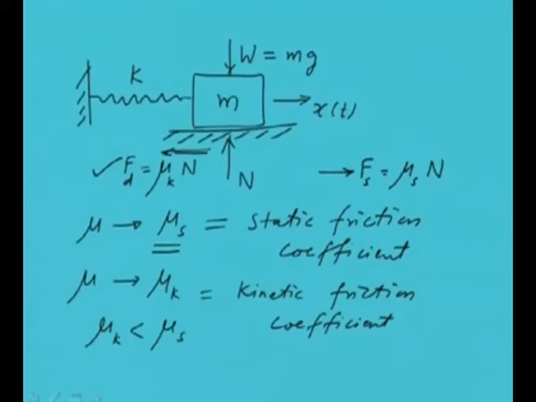once we have given the disturbance, this particular mass is coming from right to left, it will cross the equilibrium position because it will have some inertia. So it will go to the other side of the equilibrium position, because then this spring will get compressed and it will try to push the mass toward the right side.